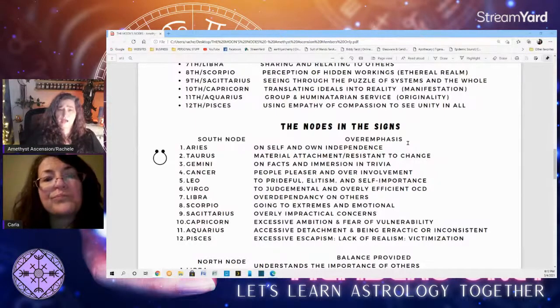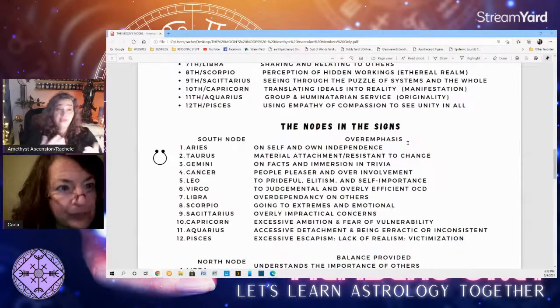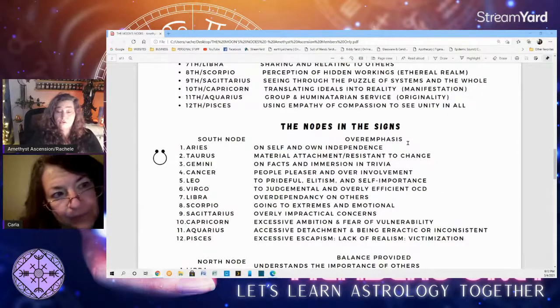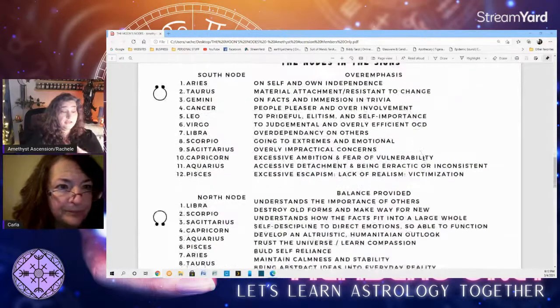You know what I mean? Not always seeing reality. And that's what this means. The South Node in this particular sign of Pisces would show excessive escapism or lack of realism and victimization, which my husband is not like that at all. So he is very balanced.